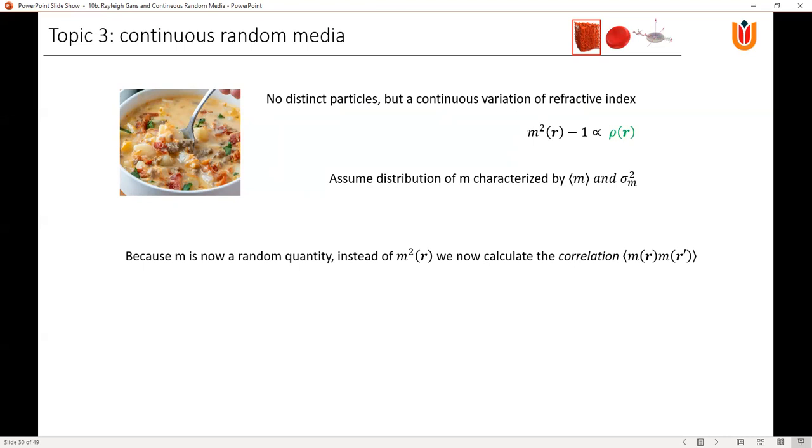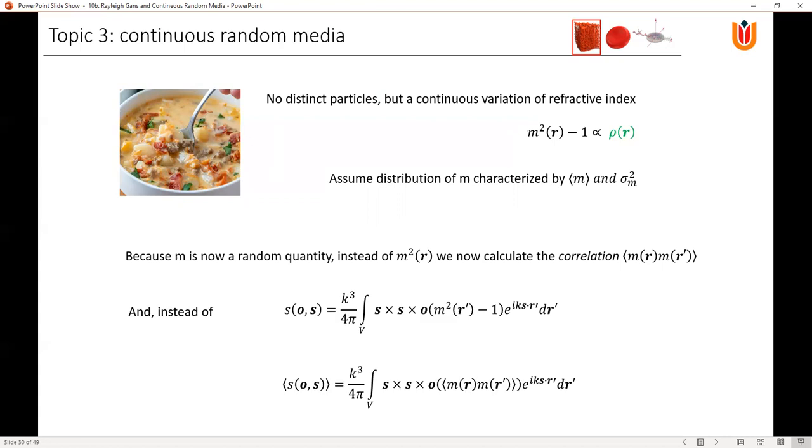Because it is now a random quantity, we cannot just calculate the square. We want to average that over different possible values. So instead of calculating this squared, we now calculate the so-called correlation function. You multiply with the spatially shifted version of itself and then average that over the volume.